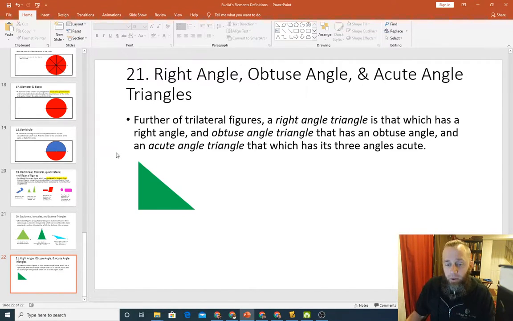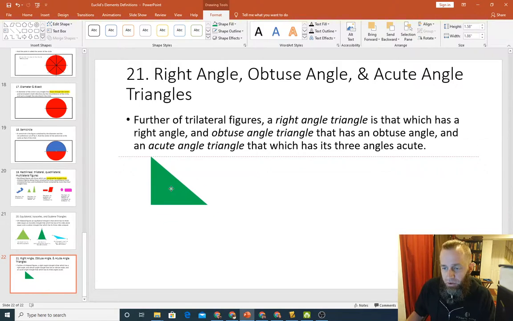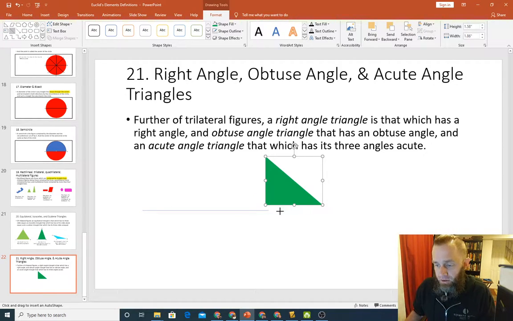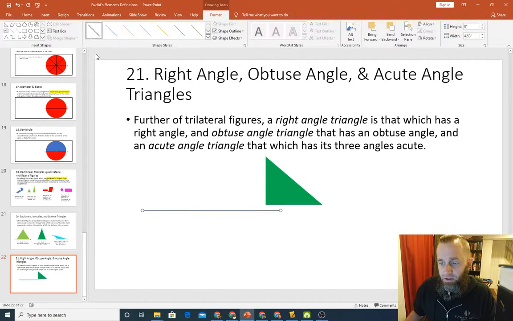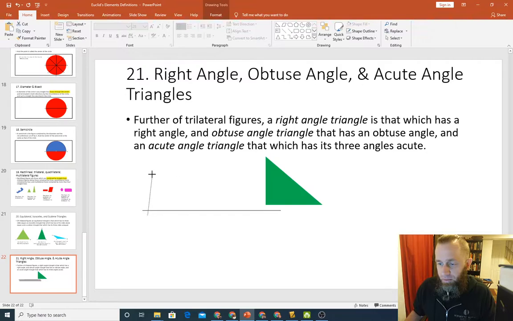But if we want to do that properly and geometrically, the way we would do that is pretty cool. So here's our right angle triangle. I'm going to put it off to the side so I can prove to you that it's a right angle triangle. So let's take a line. Here's a straight line, and let's copy it. And now we're going to do another straight line, but this one is going to be set up on it, just the way we were taught.